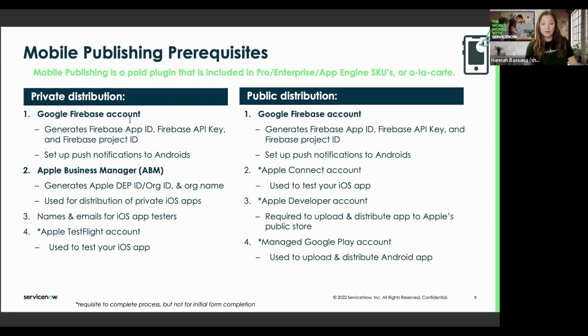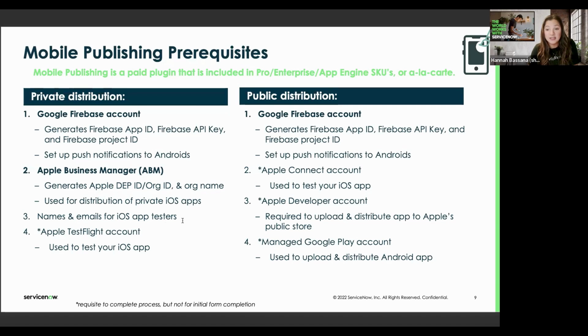In the private distribution option, I mentioned that we would just send the tested app to Apple Business Manager for you to distribute privately. So Apple Business Manager is required. It's also what generates some more of these mandatory fields on the request form. You'll also need names and emails for your iOS app testers.